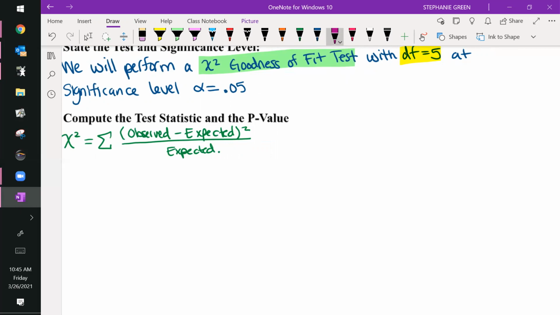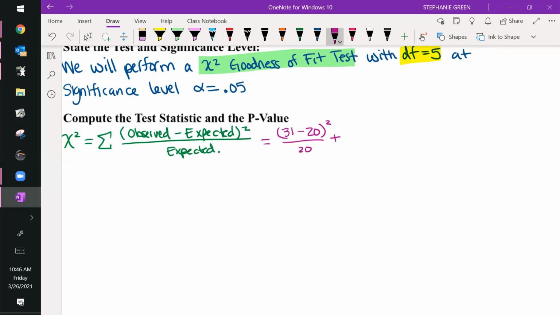So I'm going to go ahead and write this fraction down for each letter in Lesotho. So for L, we observed 31, we expected 20, and I'm going to add up each of these for each letter.